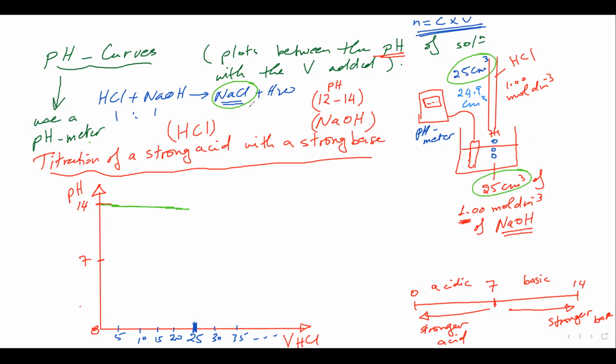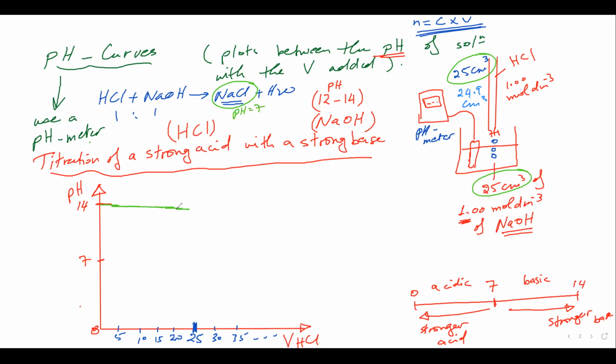All the solution now will be sodium chloride. It will be a neutral solution because all the sodium hydroxide that was present in the beaker completely reacted with the HCl, forming sodium chloride, which is neutral with a pH of 7.